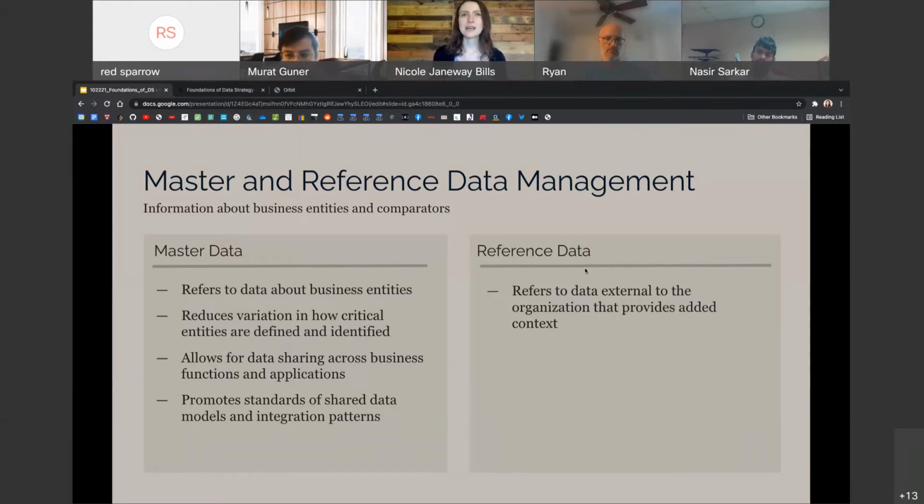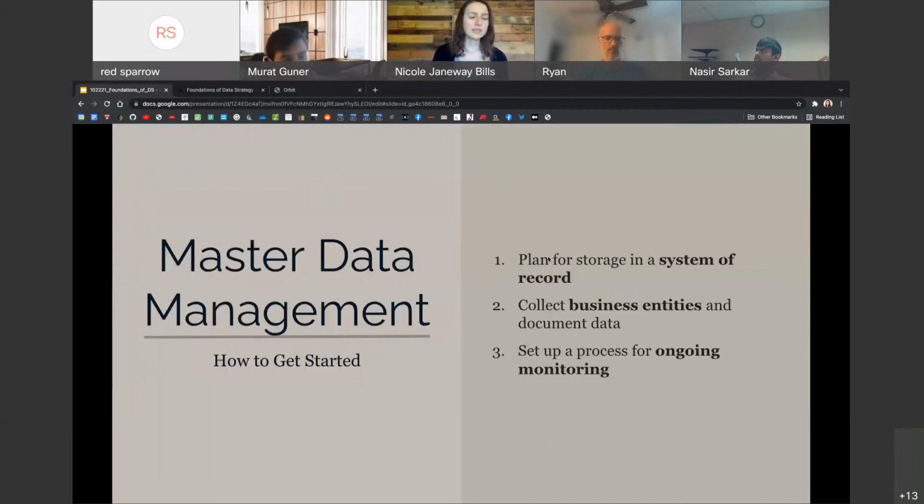So that might be credit report information that's aggregated and provided by a vendor like TransUnion. Or it could be data from the local data portal about public utilities in the area, or national census data, data from a marketing aggregator like Nielsen's, or anything along those lines that would fall into the reference data category. So pretty straightforward there.